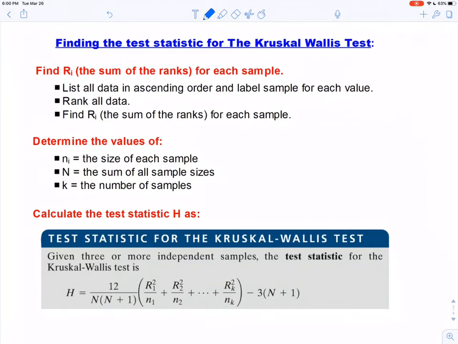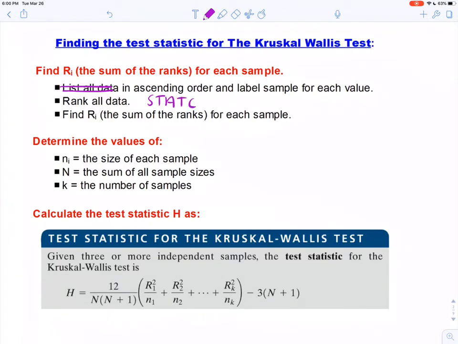Now, much like our other non-parametric tests, the Kruskal-Wallis test statistic will be found by looking at the ranks associated with the data. Now, instead of doing all of this by hand and ordering the data and then ranking yourself, just like I showed you in the previous section, we're going to use StatCrunch here.